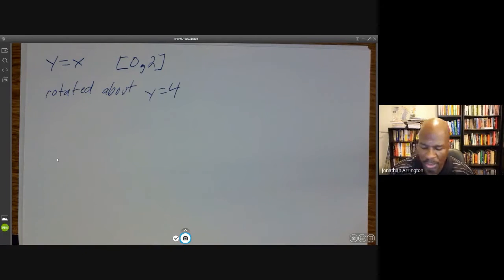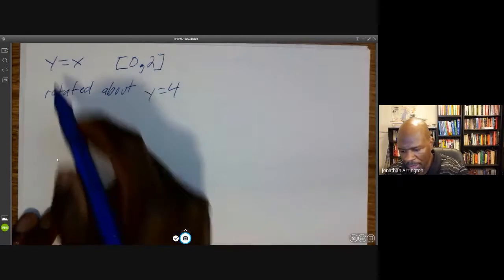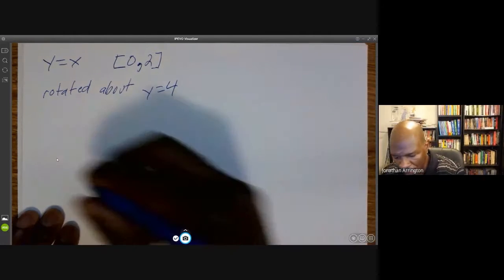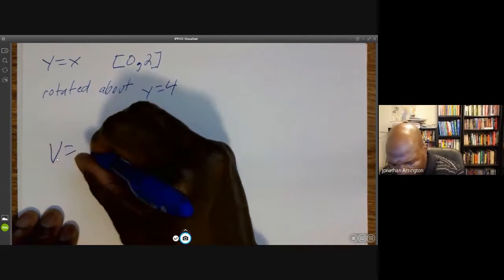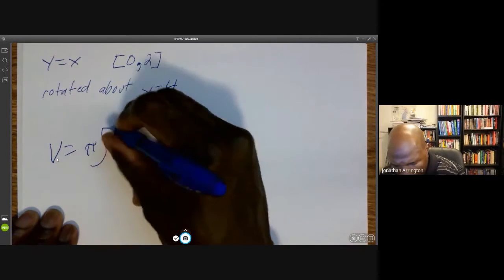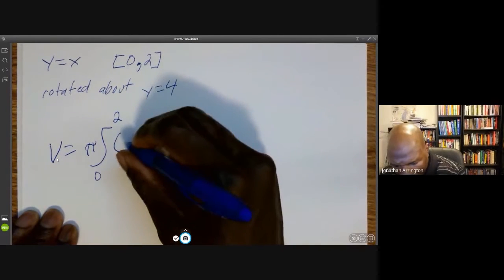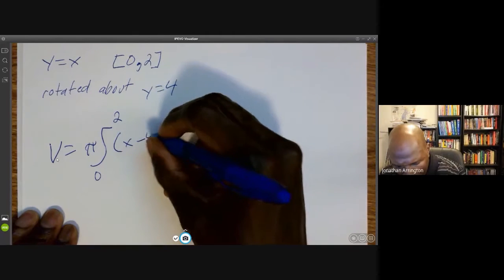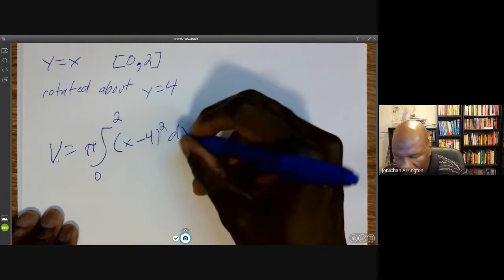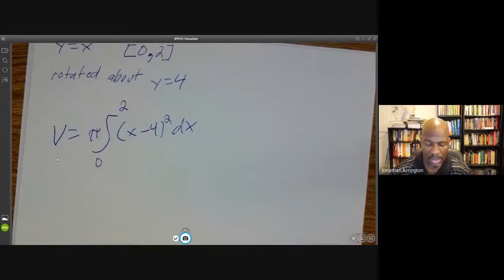All right, so here's the situation. This is my f of x, this is my k. So the volume is going to be pi times the integral from 0 to 2 of x minus 4 squared dx. That's what I need to integrate.